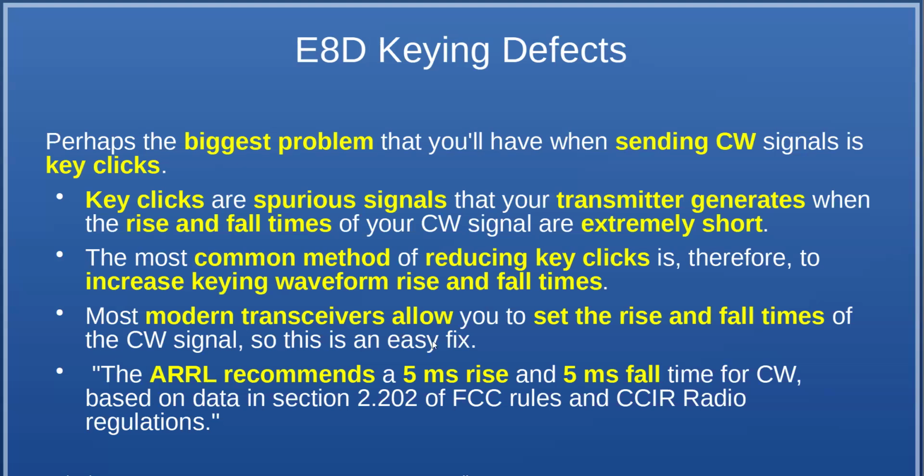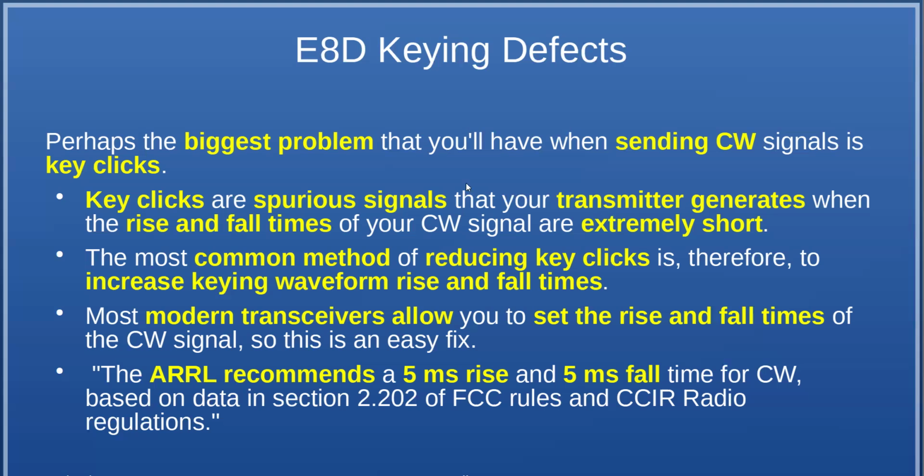So key clicks are what they call them when you send CW and you sometimes hear a clicking sound. The recommended method is to adjust the rise and fall times, and a lot of radios will let you do that. So instead of a square wave, you're making it more of a trapezoidal type, which cuts down on the amount of harmonics.